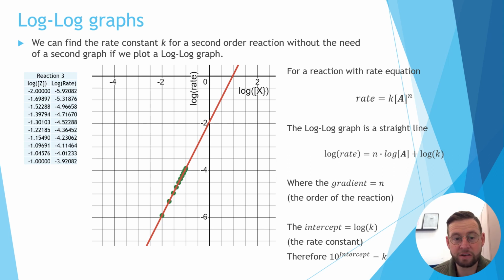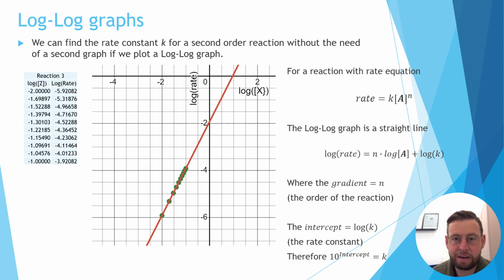And you can see I've got a straight line of data points. Now they're in the format that the log of the rate is equal to n, the order of the reaction, multiplied by log of the concentration plus log of the reaction constant, or the rate constant.